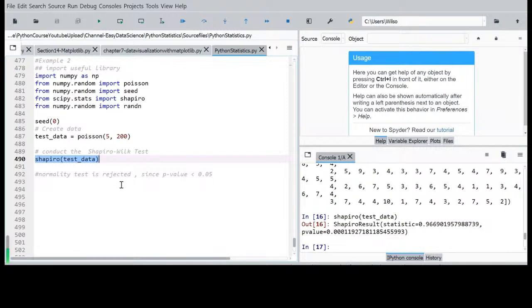So we have strong evidence to reject the normality hypothesis from this Shapiro test. Or we can say these data observations are not normally distributed.